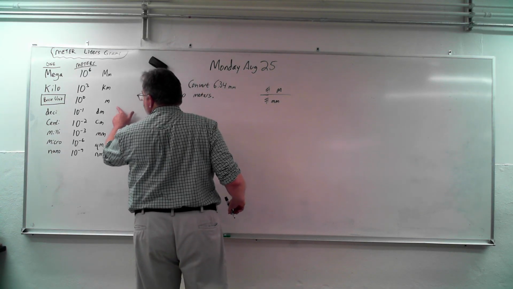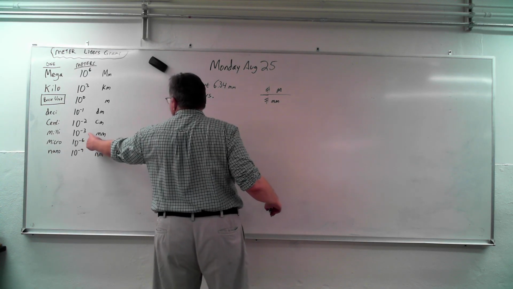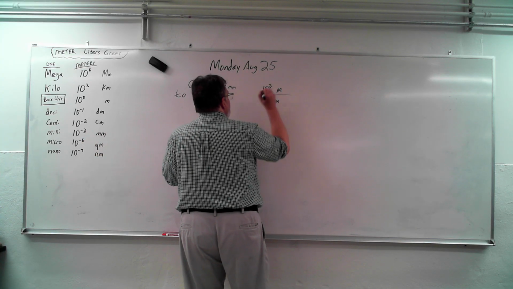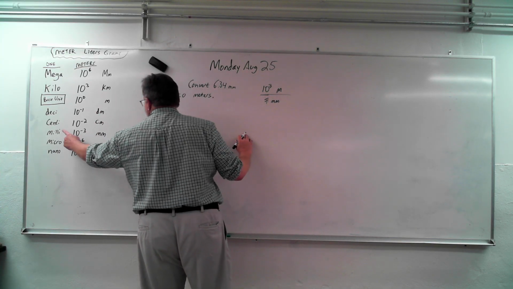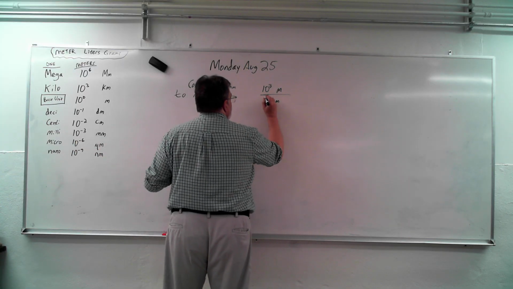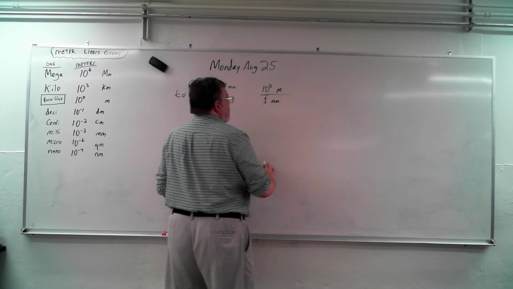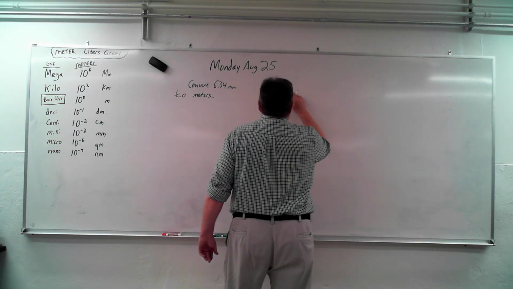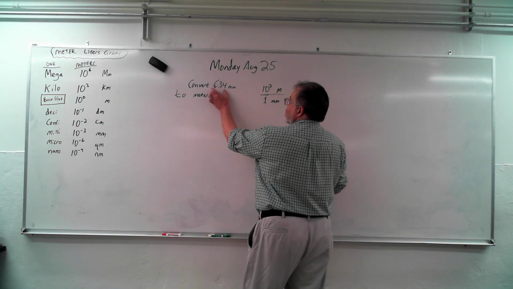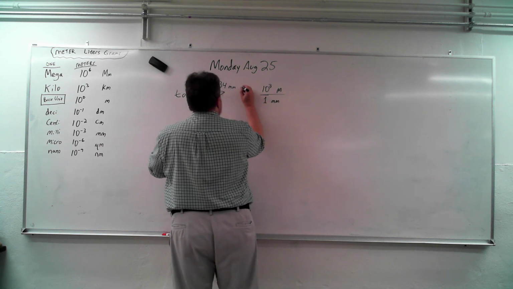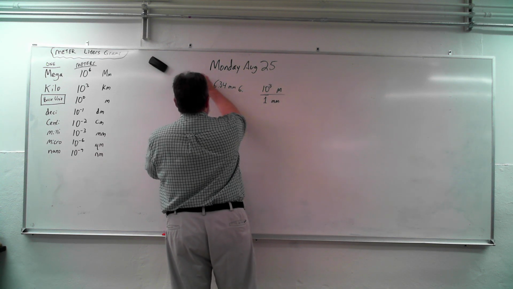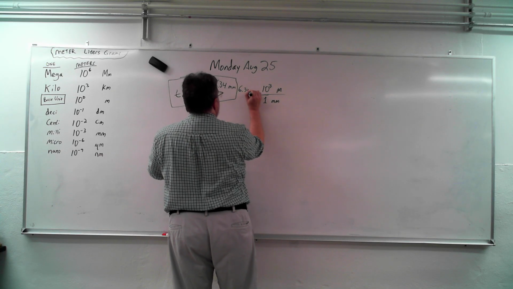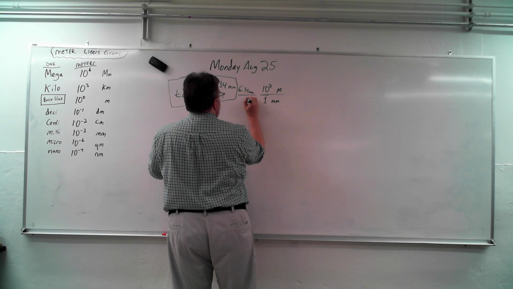1 meter, and 10 to the 3 meters is 1 millimeter. And both are exact. This is the only number here that's not exact. To calculate this out, I would put the 6.34 millimeters, and I'm still going to do this.